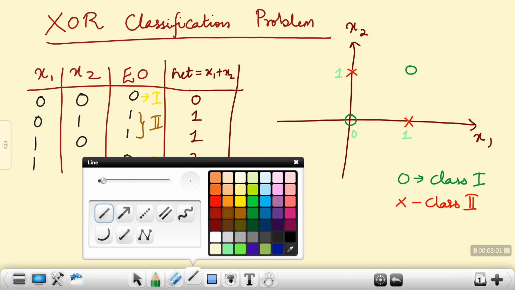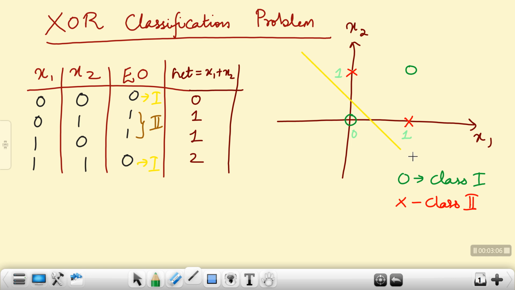If I select a line somewhere here, is it going to separate the two classes? No. If I move the line somewhere here, is it separating the two classes? No. So how would I draw a line?